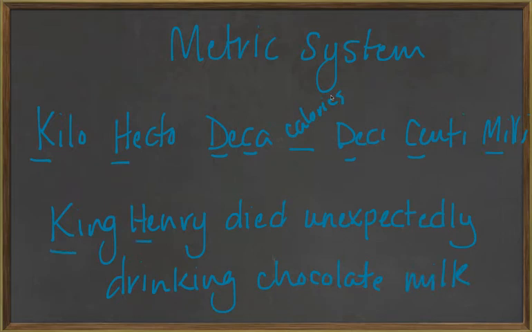King Henry died unexpectedly, which corresponds to your unit that you could use, and that could be your meters, liters, grams, calories in this case. It can be a whole bunch of different things, but it's your basic unit, drinking chocolate milk. They all correspond to the parts of the metric system.